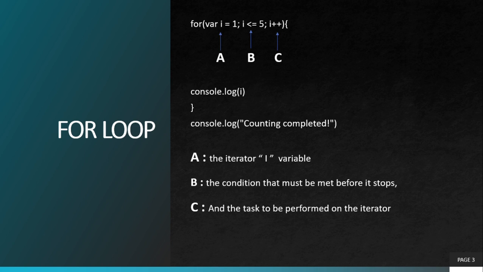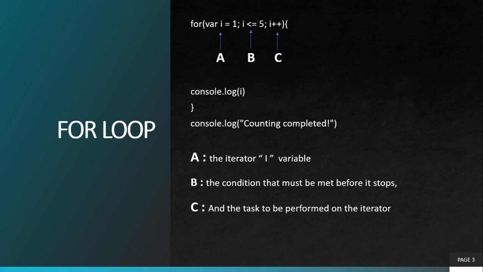Now, if you don't add that condition, the incrementer will keep on incrementing, I plus plus. From what I said earlier, if you don't add that B part, where it says when I is less than or equal to 5, it should stop, that is what the condition is saying here.